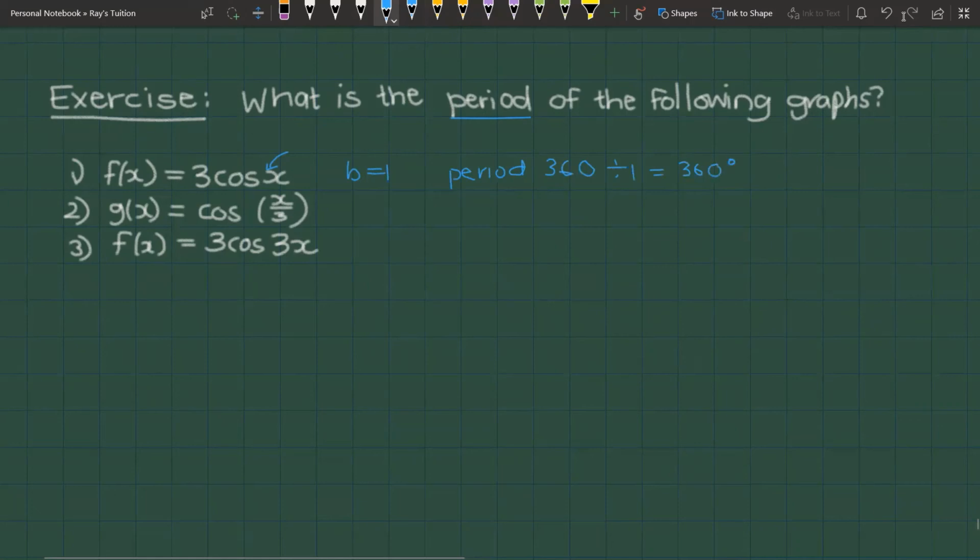In the second case, we can see the b value is a third. So our period is 360 divided by a third, which is the same as 360 times 3. And what we get is then 1080.